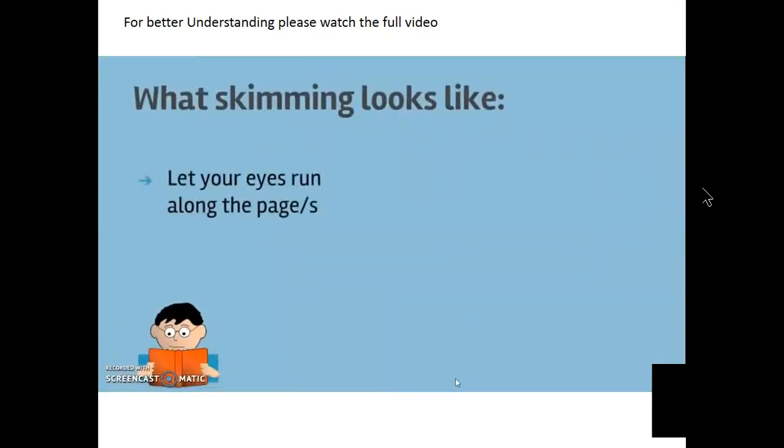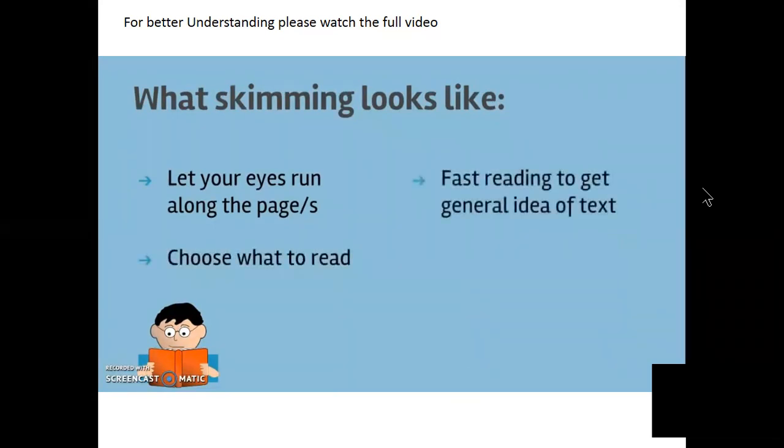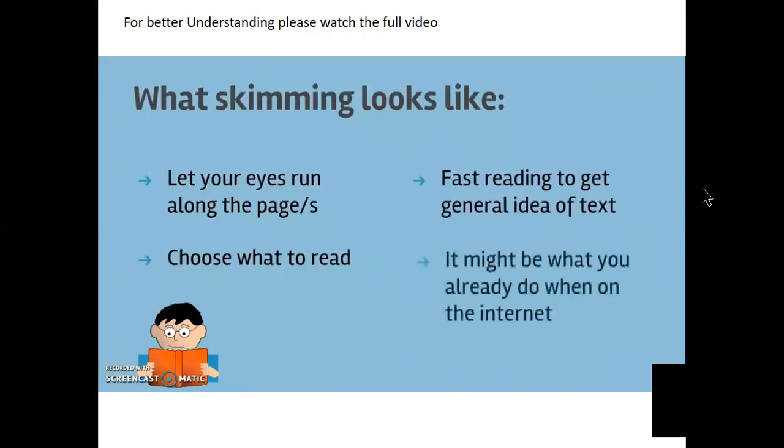You may wonder what skimming looks like. When skimming text, you let your eyes run along the page or pages. You choose what to read. It is fast reading to get a general idea of the text, and it might be what you already do when you're on the internet.